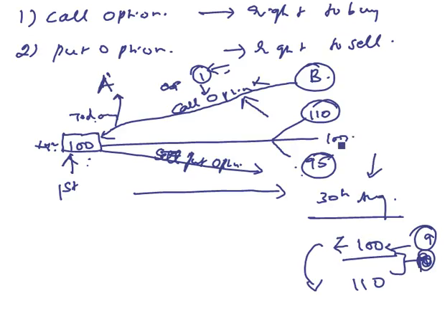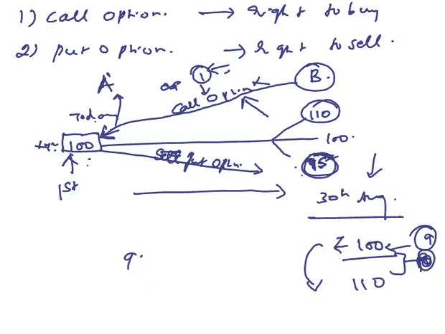Okay, so as per the expectation, on that day the price of the stock was 95 rupees. But he bought it at 100 rupees, so he will sell it at 100 rupees.